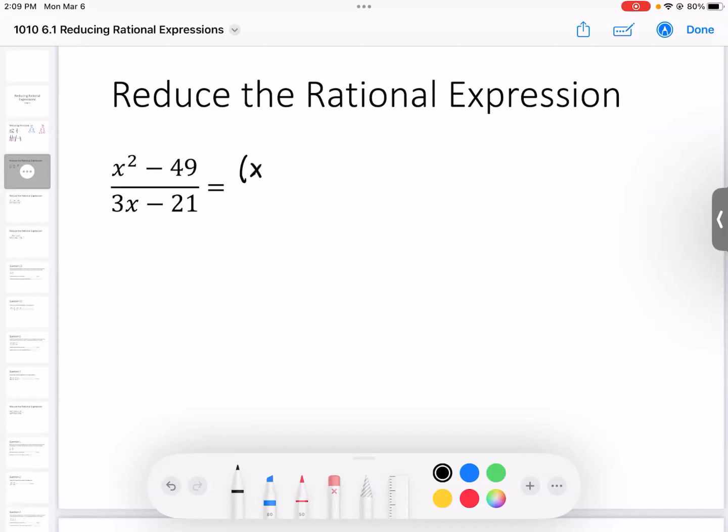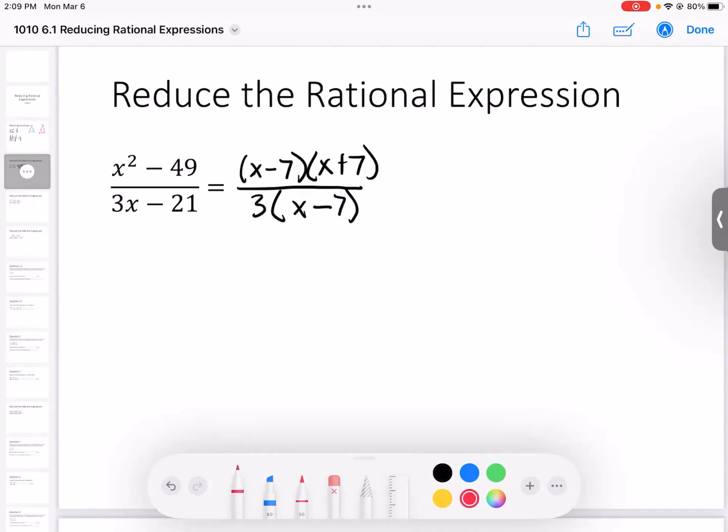So you could factor this to be x minus 7 times x plus 7. Is everybody good with that? I know it's been a little while since we've been in class. So that's the difference of squares factoring. And then on the bottom polynomial, both terms have a 3 in common. So I can factor out the greatest common factor, which is a 3. And that leaves me with x minus 7.